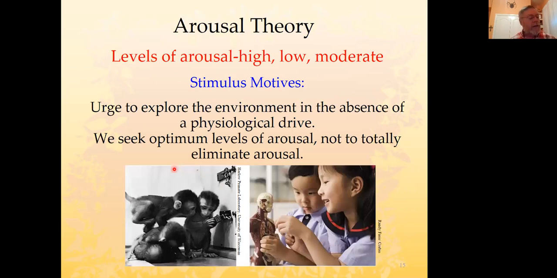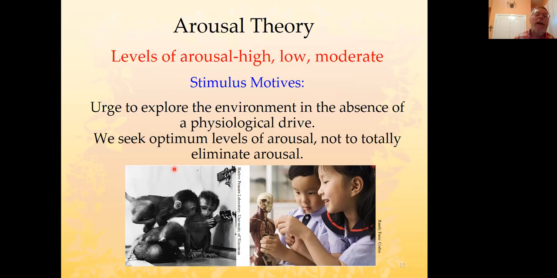The next theory we have is arousal theory. So, first of all, we have to deal with the question of, what do we mean by arousal? Now, a lot of people, when we talk about this, think of sexual arousal, sexual desire, that sort of thing. And that could be here, or it could be a number of other types of arousal.